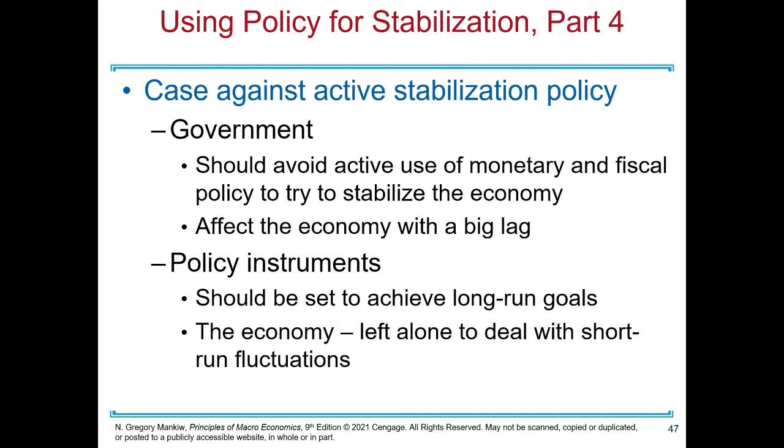FDR was trying to increase aggregate demand, and the Fed wasn't trying to decrease aggregate demand, but that's what they were doing. They didn't know exactly how changing the money supply was going to work, so they were working against each other. A good system is when these two things work together. When both the Fed and the government have the same goals, then they can better achieve whatever goals they're having.